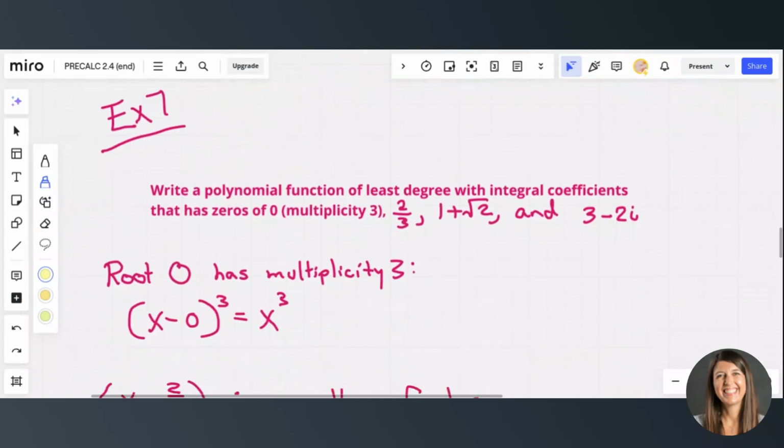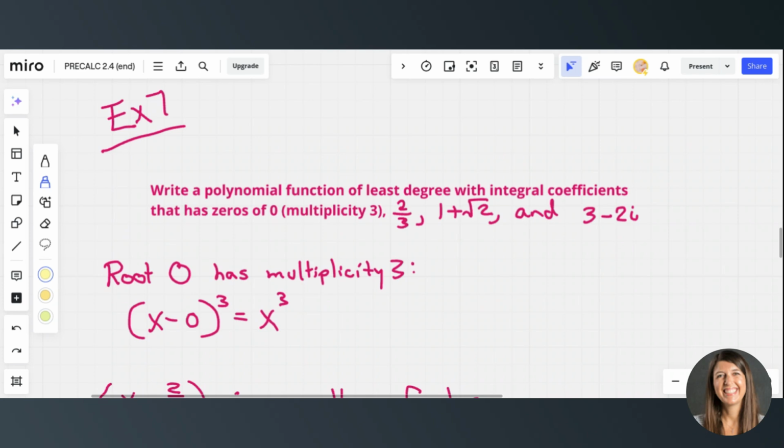All right, let's move on to example 7. This is the last example for this section. And we want to write a polynomial function of least degree. So we don't want to have like x to the 10th power if we can avoid it.